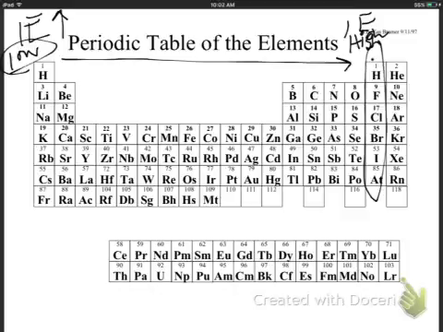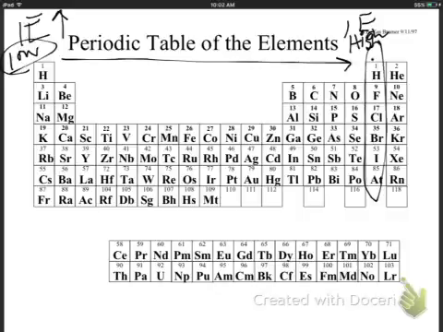What did we say atomic radius did as we went across? Decreased. Why did atomic radius decrease across a period? Because the electrons were held what? More tightly. Well, does it make sense that if they're held more tightly and the atomic radius is smaller, it would be harder to pull one off?